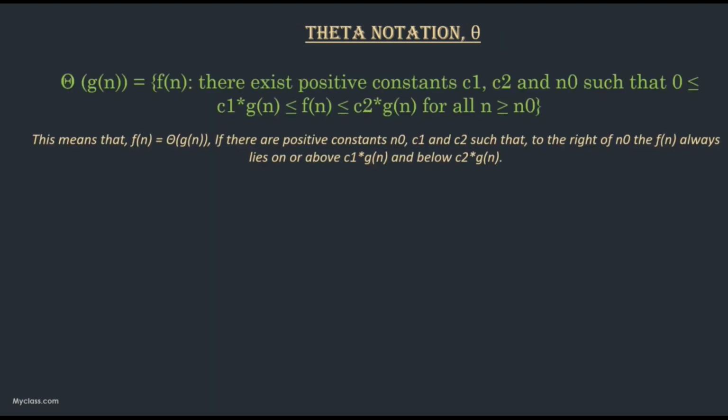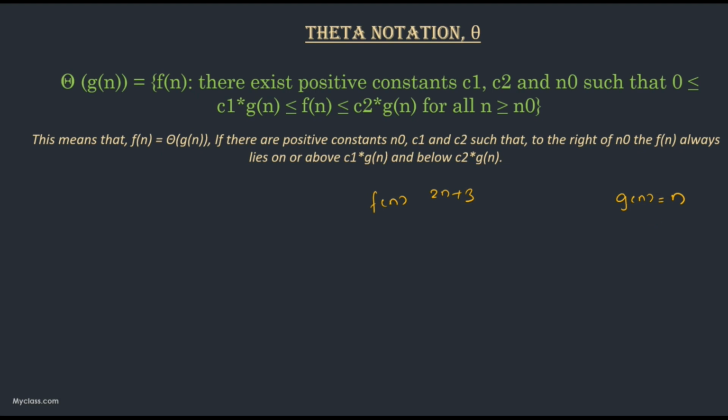Here, f of n is equal to theta of g of n if there are positive constants n0, c1 and c2 such that to the right of the n0, the f of n always lies on or above c1 into g of n and on or below c2 into g of n. We have already found that f of n is 2n plus 3 and g of n is n.